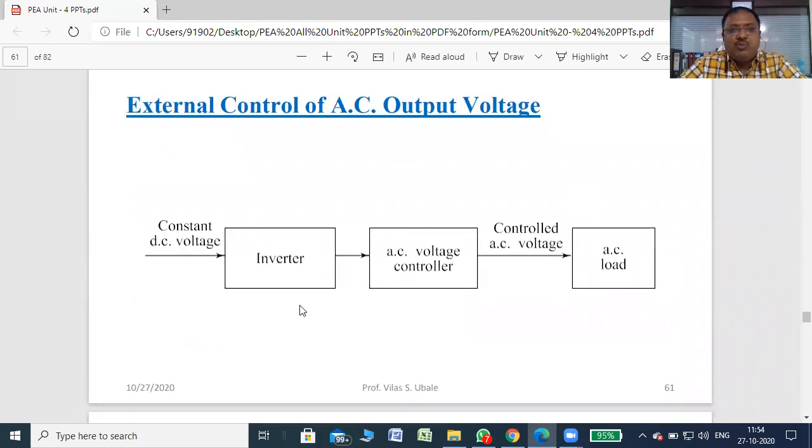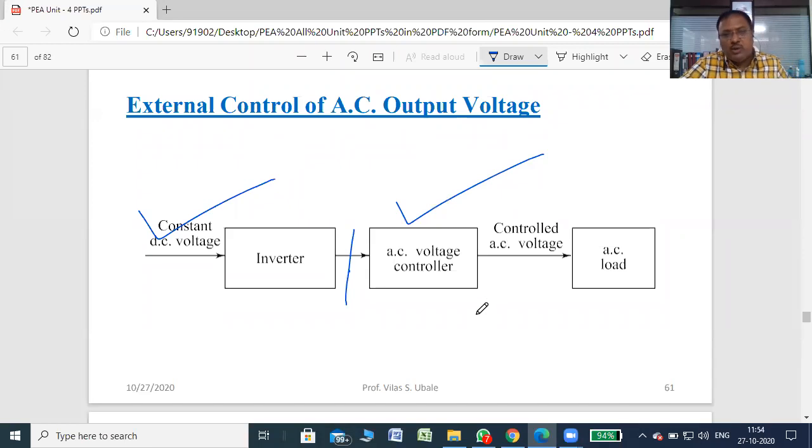External control of AC output voltage, in which the input is a DC. This DC may be from a battery or from a converter, and then the DC is converted into AC, and this AC is applied as an input to the AC voltage controller.